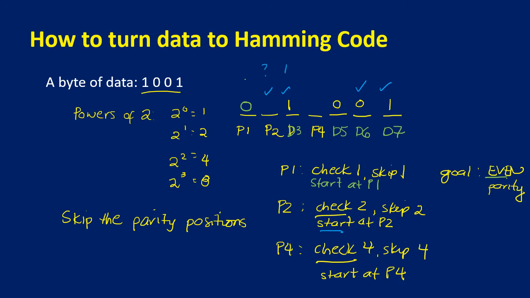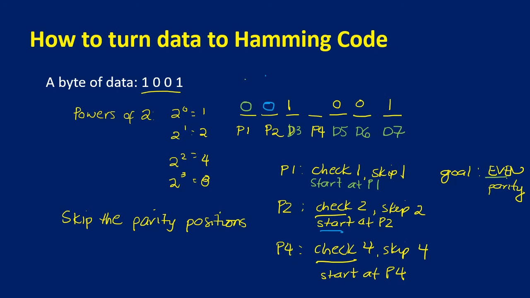Question mark, 1, and then 0, 1. So again, we already have two ones here. So P2 must be equal to 0, because we want even parity.